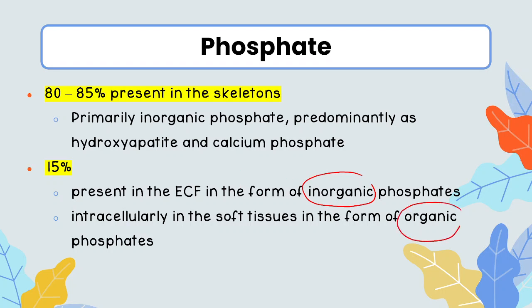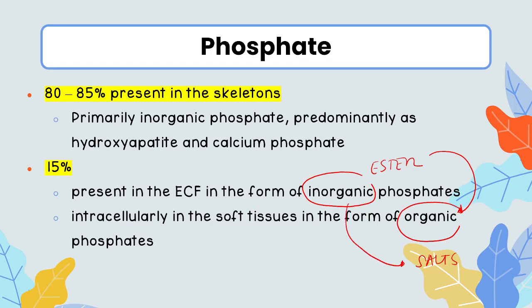Actually, the main difference between the two is that your organic phosphate contains ester compounds and your inorganic phosphate is made of salts. Oh, it's the other way around, kids. Organic esters, inorganic salts.